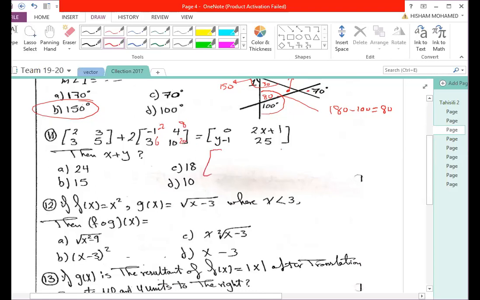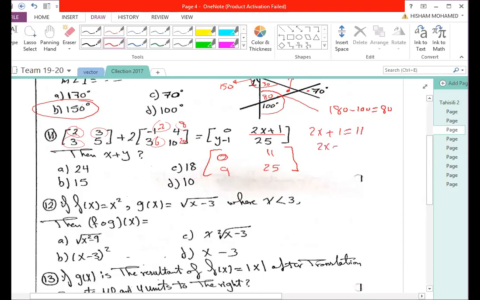When I add 2 and negative 2, it's 0. 3 and 6, 9. 5 and 20, 25. So 2x plus 1 should equal 11.